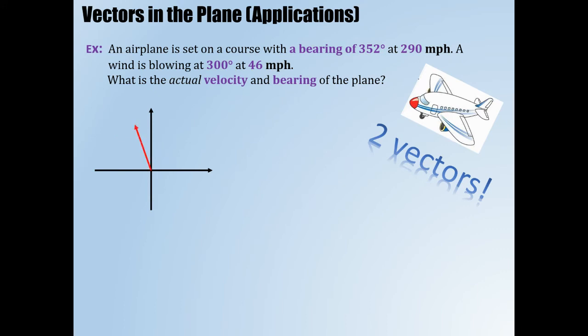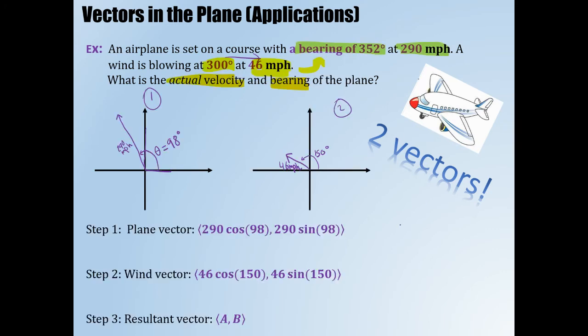So here's what I can do with them. What did I do there? What was something you learned in the last lesson that I'm actually doing here? Remember how you know if two vectors are equivalent?